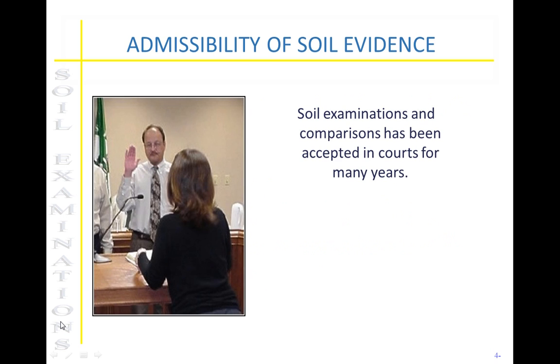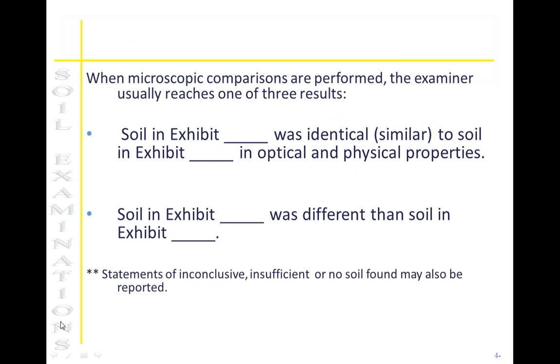Soil samples and comparisons have been used in courts for many years. The methods used in the analysis have passed Frye and Daubert hearings. That analyst doing the examinations is usually going to report the soil examinations using one of three different terminologies.